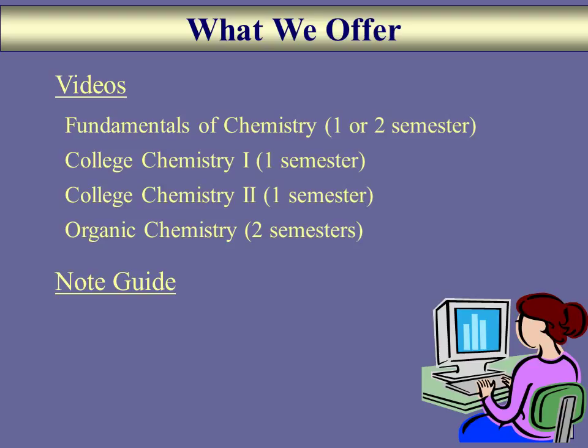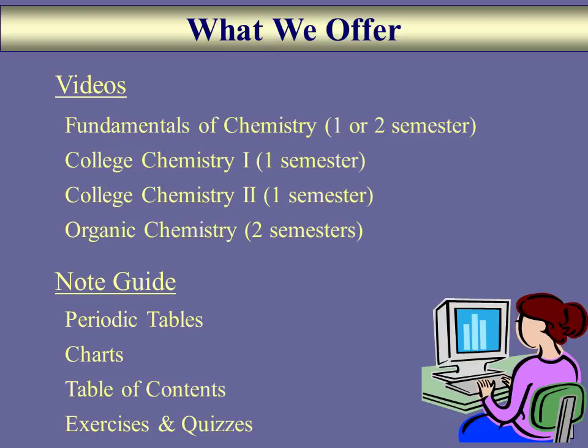A note guide designed with the terms there so that students can get an accurate, detailed, organized set of notes that contain the periodic tables when they need them, that contain charts when they're being discussed, that have a table of contents so that if they need to say, oh, where in my notes is my information on Introduction to Stoichiometry, they can look in the table of contents and see exactly what page of their notes they should find that on. That covers exercises and quizzes to help them practice things that very often they don't practice sufficiently.